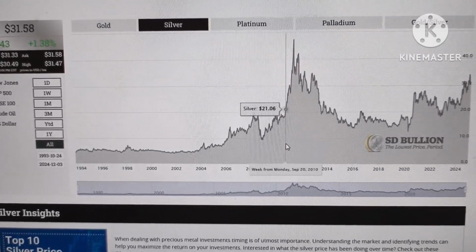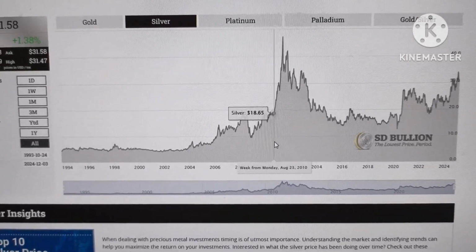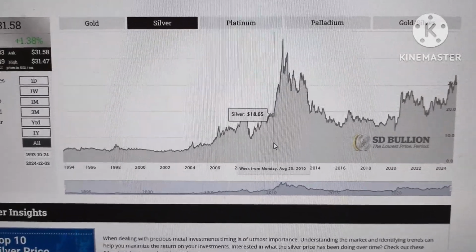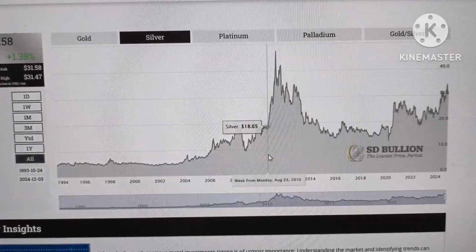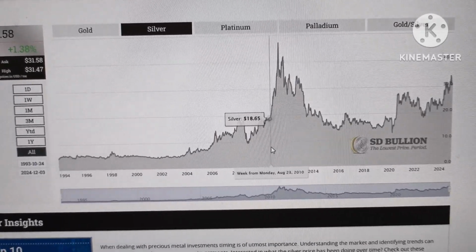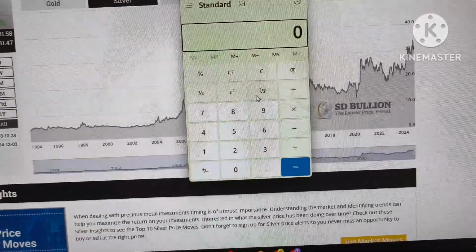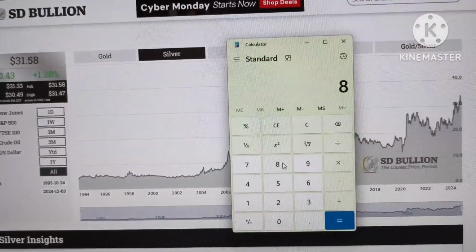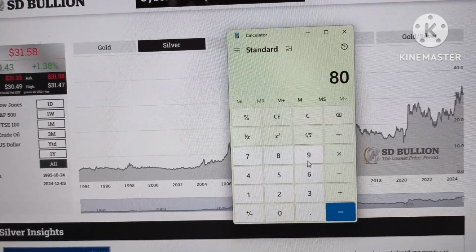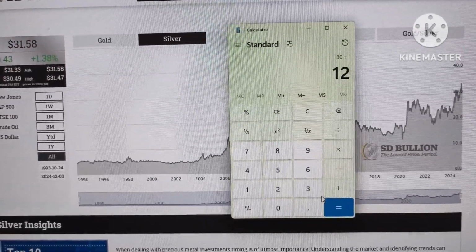So let's go back here and test this out. If we go back 80 months, we might have to pull out the calculator here. 80 months is 80 divided by 12. Let's do that math real quick. 80 divided by 12, and how many years is that?